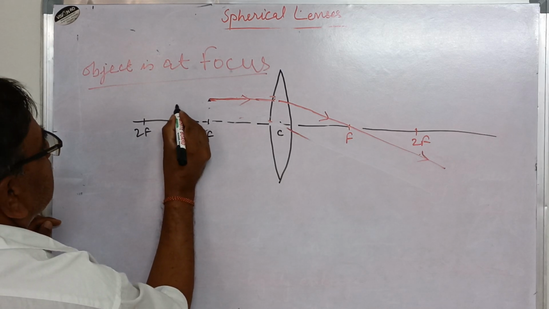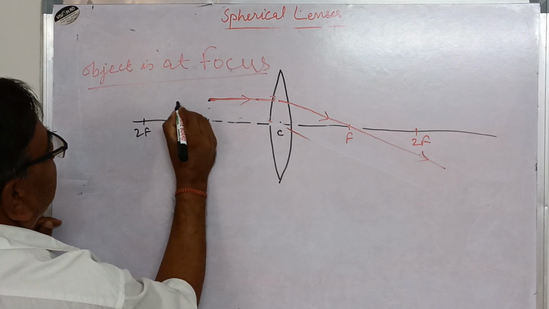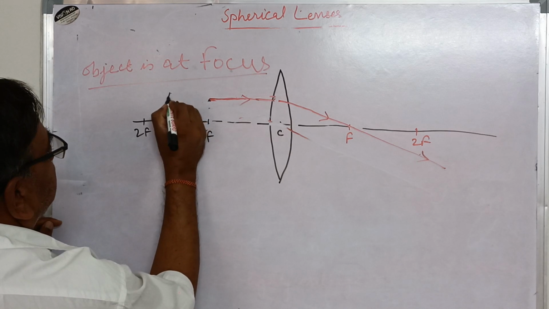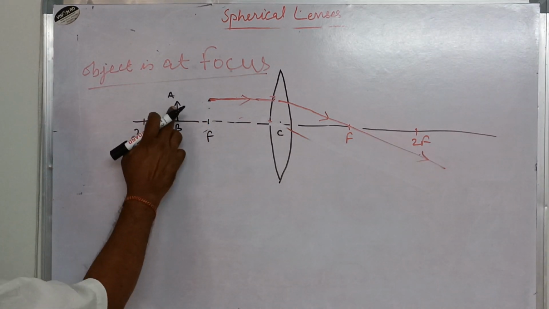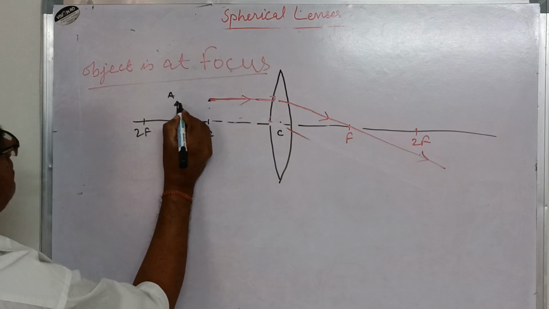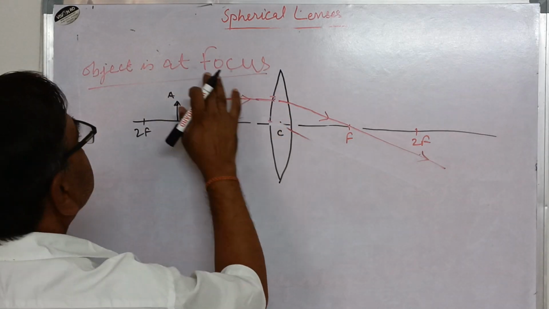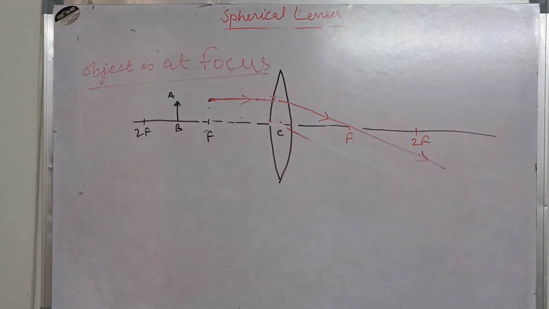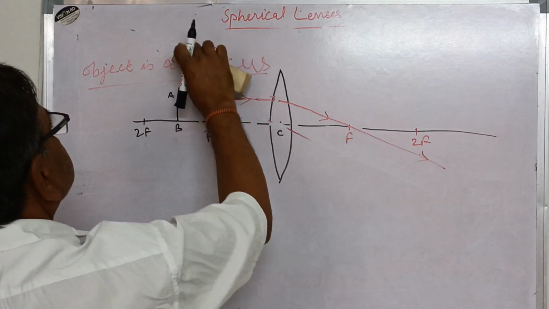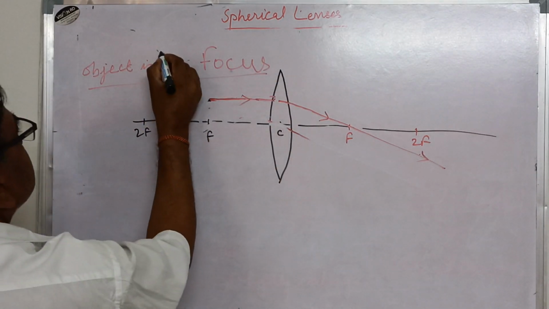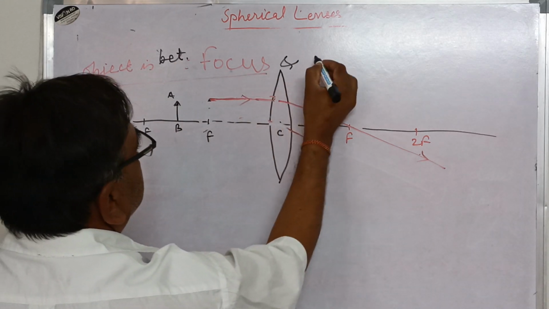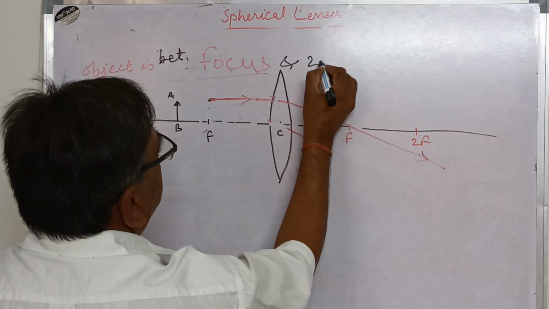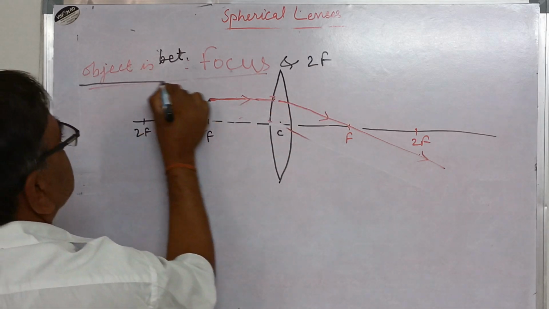Let it be here. This is A, this is B. Let us find out the image of the object. The object is between focus and 2F. This is the case.